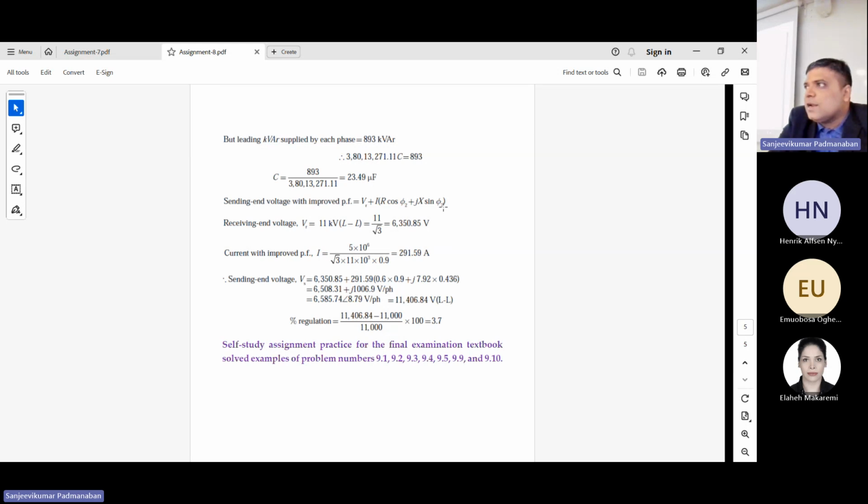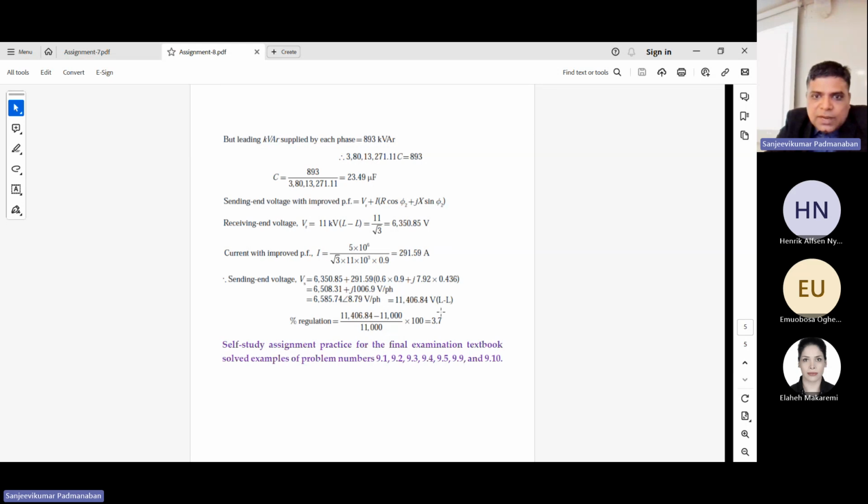So here I want to calculate what is sine phi 2. How to do sine phi 2? Cos phi 2 is 0.9. Find the value of phi and substitute here. So sine of cos inverse 0.9. You need to calculate phi 2 first: cos phi 2 equals 0.9. Calculate phi 2 as cos inverse of 0.9, then take the sine.